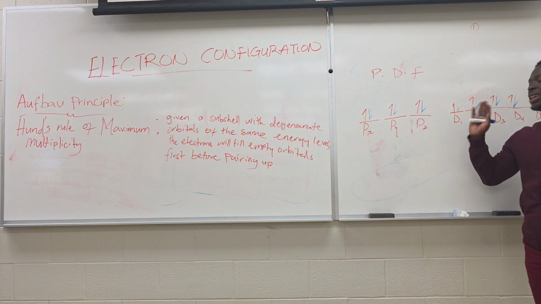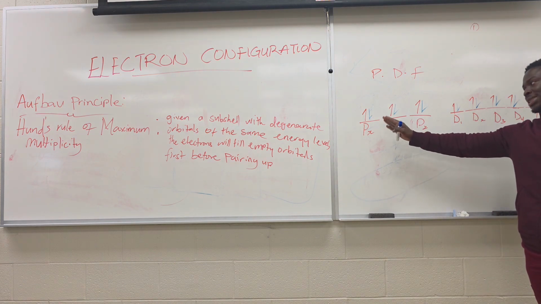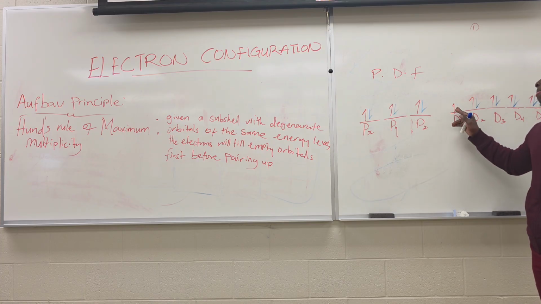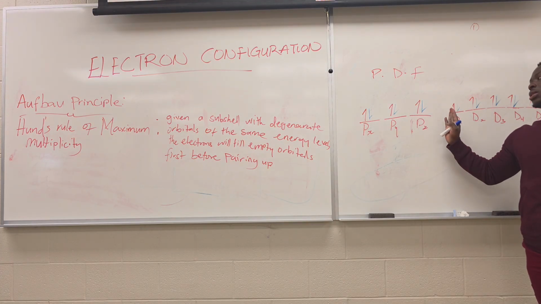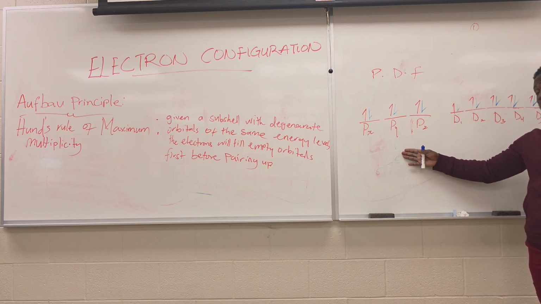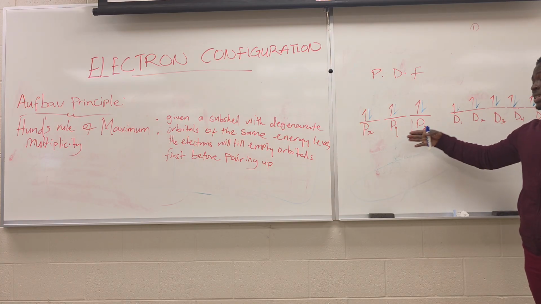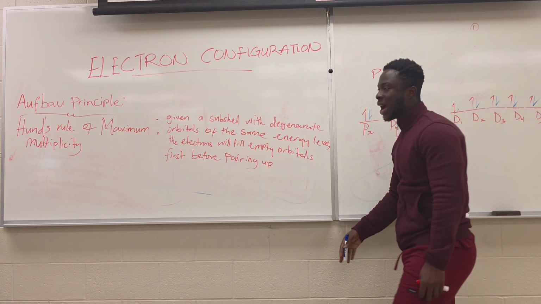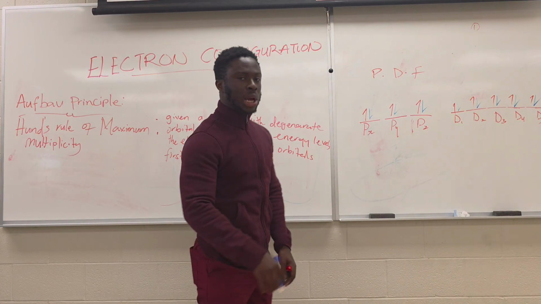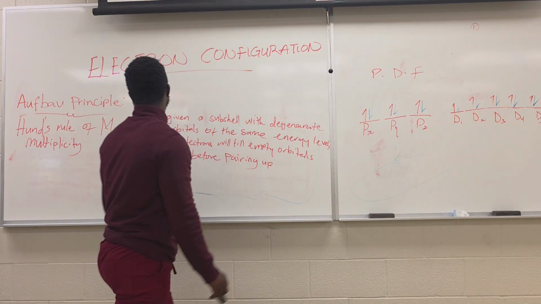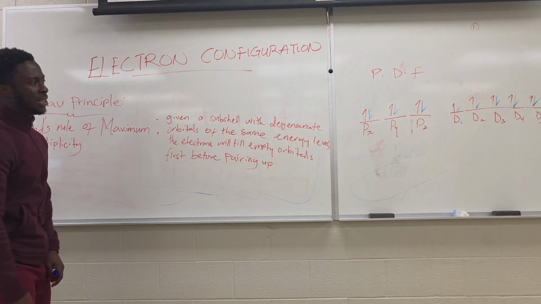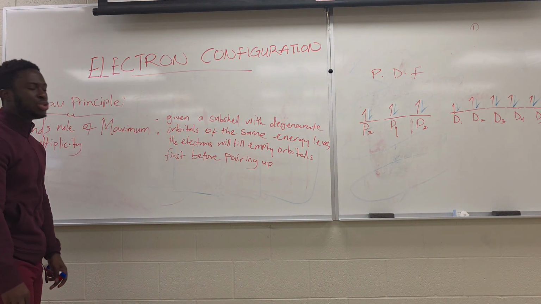If it is more stable for them to exist partially filled, they will spend energy to exist that way. They will not choose energy over stability. So that is just Hund's rule of maximum multiplicity. Nothing too deep, nothing too wide.